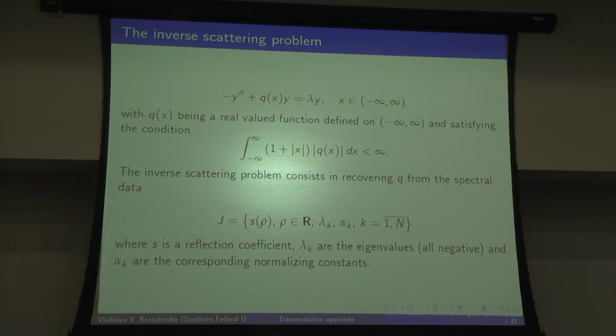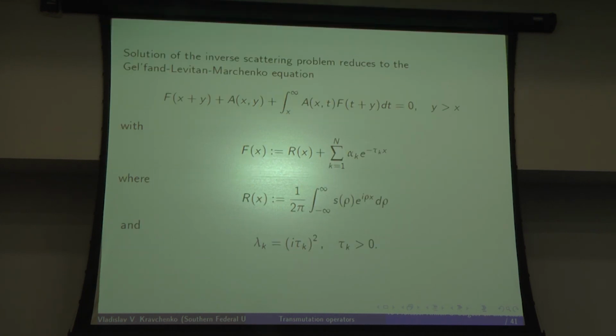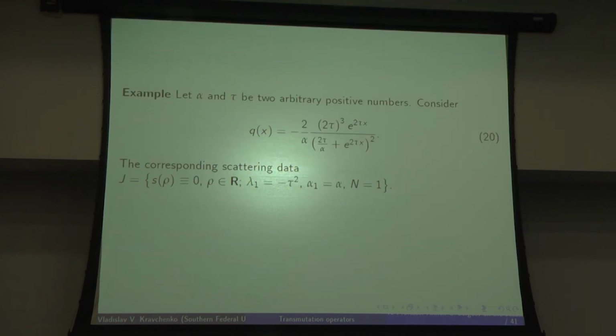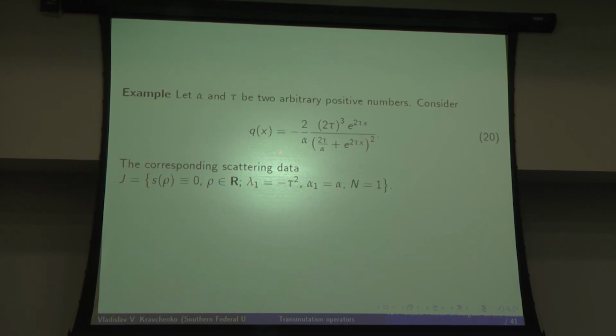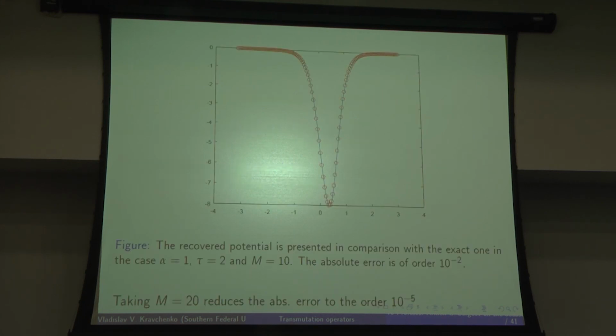We just take this representation, put it into the Gelfand-Levitan-Marchenko equation in this case, and obtain a system of linear algebraic equations. I omit the details here, just one example. Here is the potential Q with the corresponding scattering data, and here is the numerical solution. All this works in fractions of seconds.